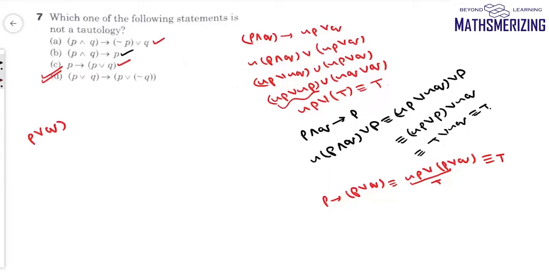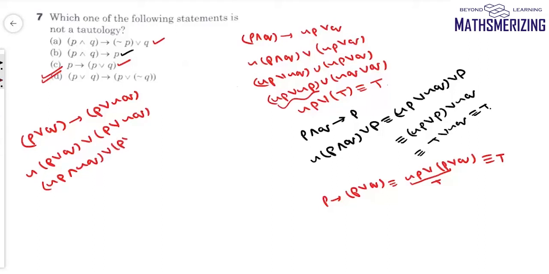So this is P or Q implies P or not Q. So I can write it as not of P or Q or P or not Q. So I'll write it as not P and not Q or P or not Q. So if I use distributive law, I can write not P or not Q and not Q or P or not Q. Now not P or P is simply true, and true or not Q is simply true again.